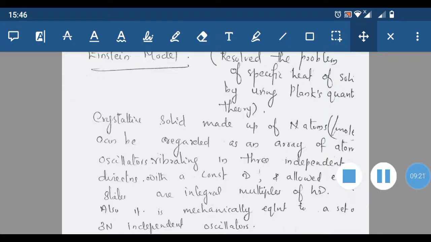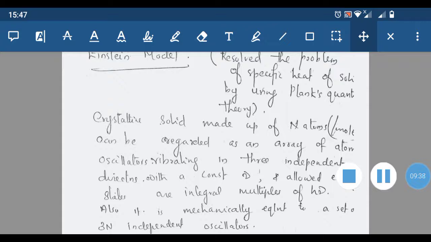In order to resolve the disadvantage raised by the Dulong-Petit's law, Einstein introduced a new model for the specific heat, and by using the Planck's quantum theory, we have considered the quantization of energy.